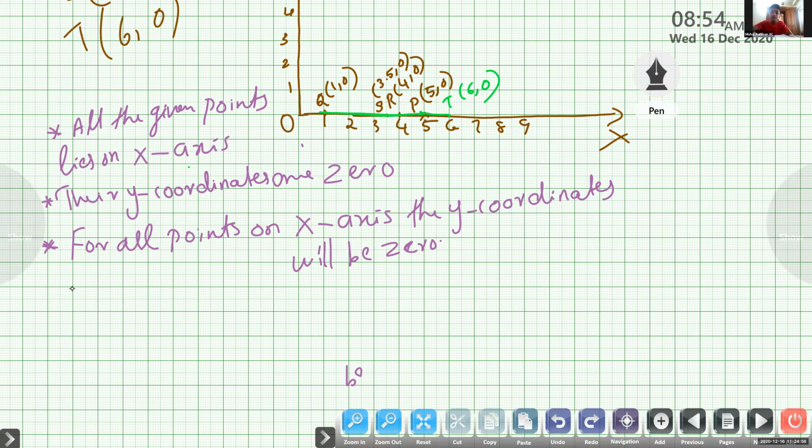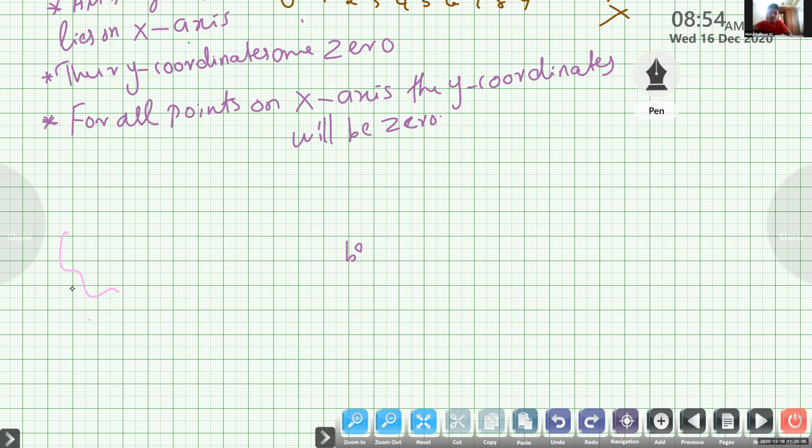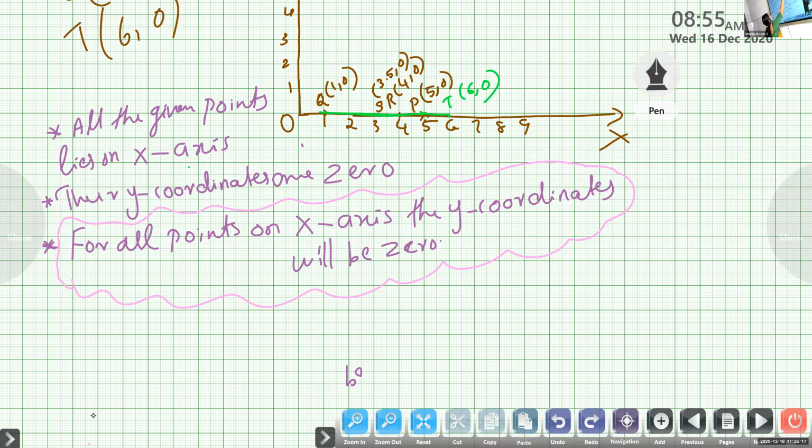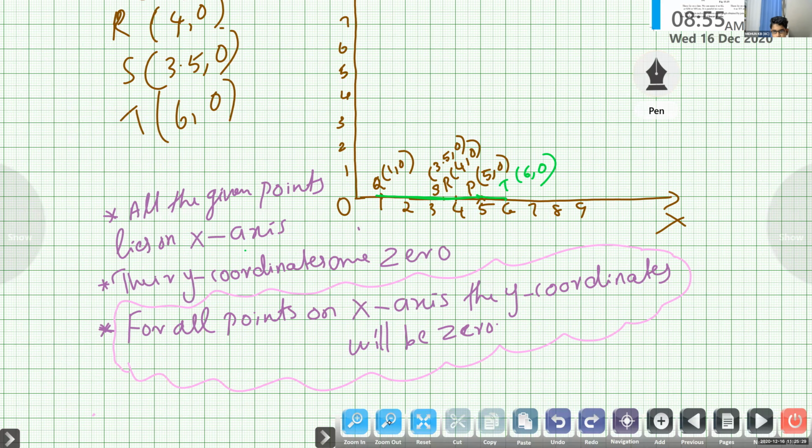Ma'am, can you show the first point? It is there on the board. All the given points lie on the x-axis. Ma'am, I am not able to zoom. I can show that question. Can you show the whole question?